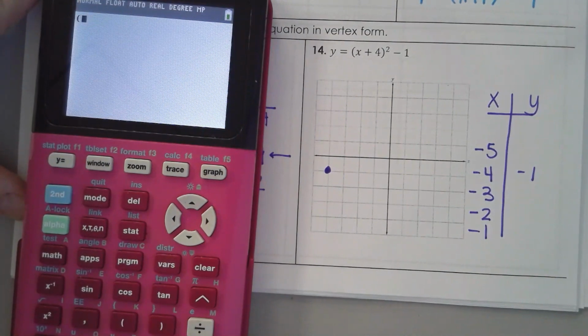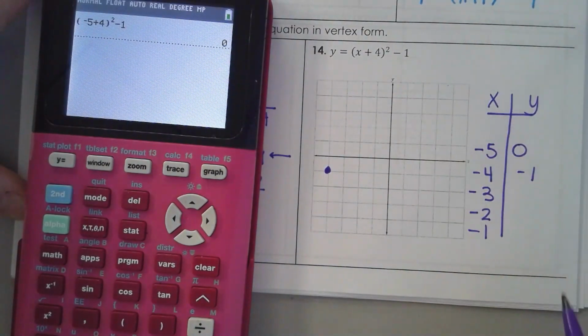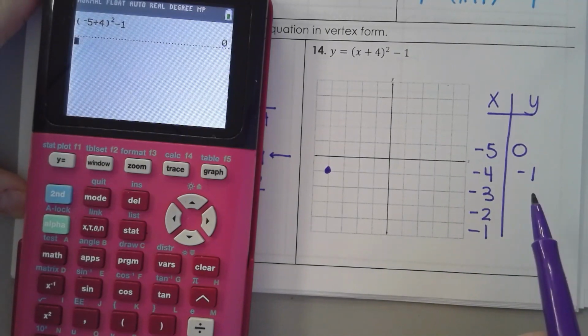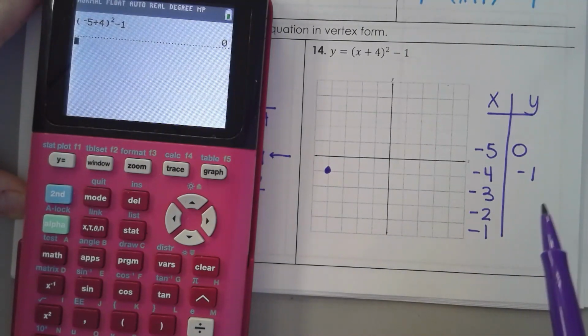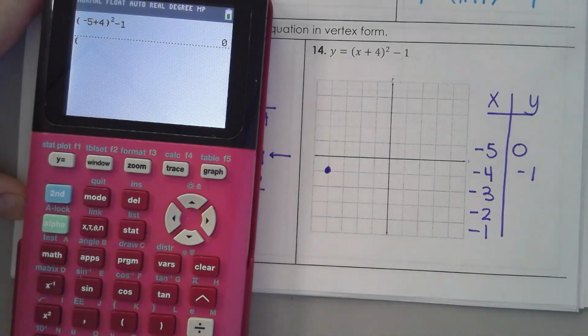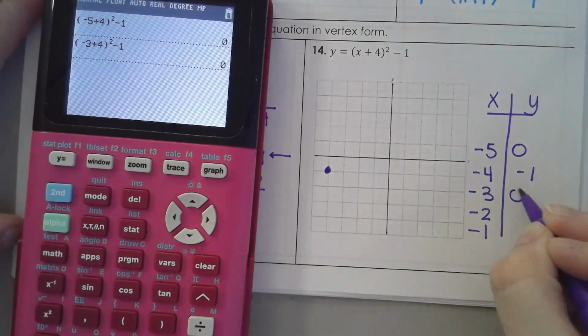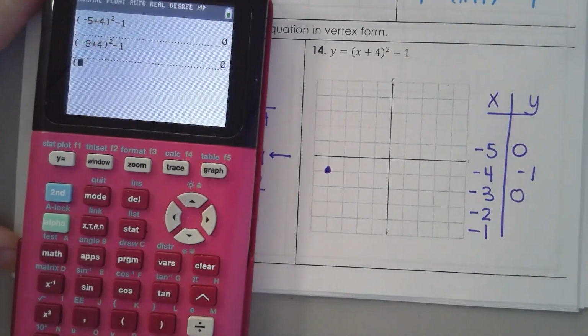So I've got -5 plus 4 squared minus 1, 0. And knowing that they're symmetric, I should get a 0 for the -3, but I'll double check. Yep. -2.